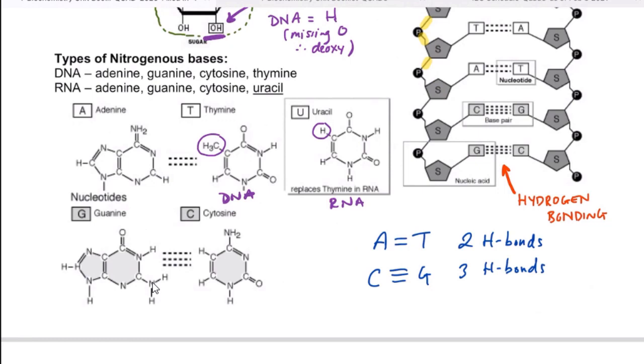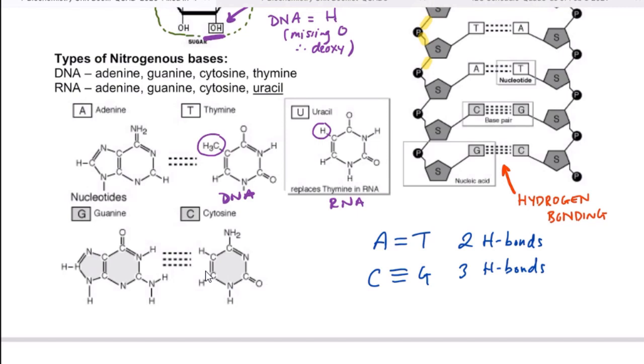So they will happily steal electrons from these hydrogens. When that happens, the nitrogen becomes ever so slightly negative and the hydrogens become ever so slightly positive. Because both bases on either side of the ladder are doing that, you have slightly negative areas across from slightly positive areas, and then you have this clicking attraction.